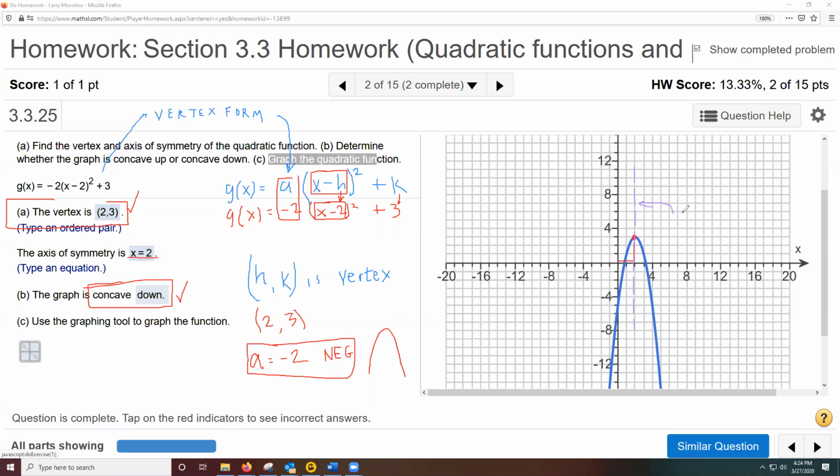So this purple line is called the axis of symmetry. And I'll know how to write it. It's going to be a vertical line, so I know it's going to have to be x equals. But it's got to go through the vertex. So what I'm going to do is grab the x coordinate of the vertex, which is 2. So I'm going to write the equation as x equal 2.